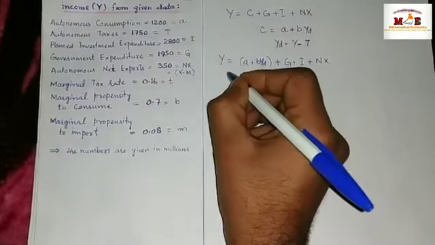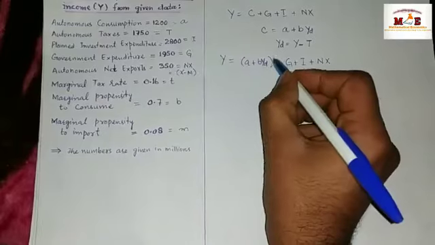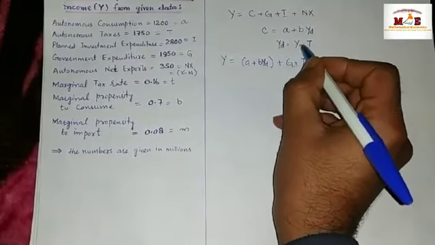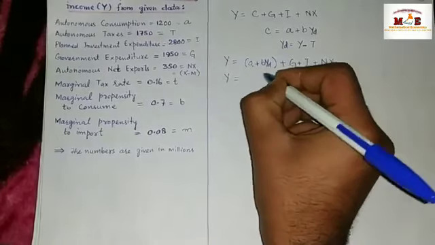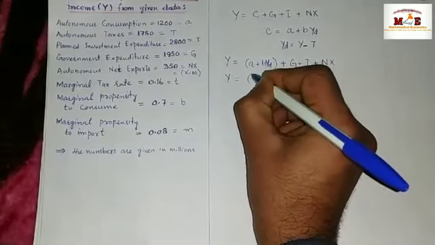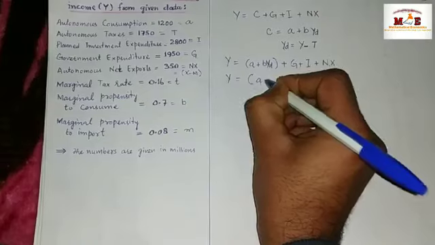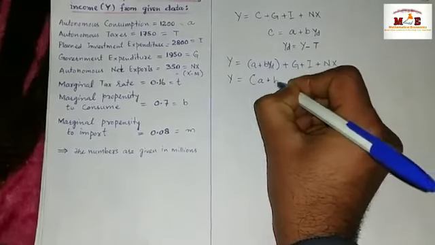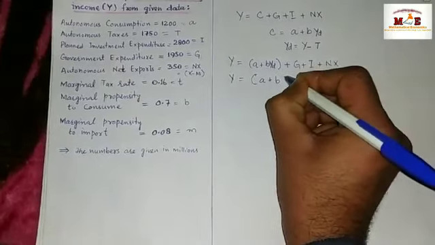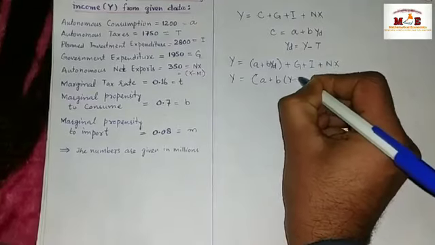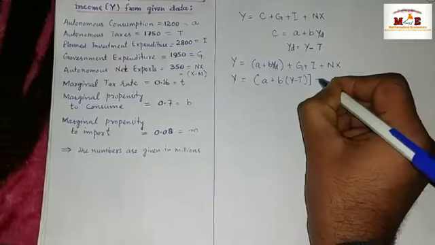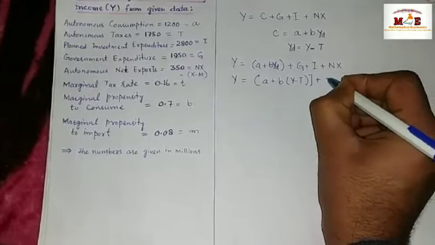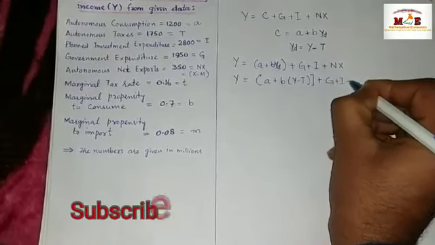Now it can be simplified by substituting the value of YD as Y minus T. Therefore Y equals A plus B, where YD is equal to Y minus T, the rest will remain the same, G plus I plus NX.